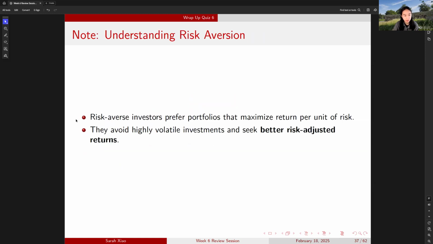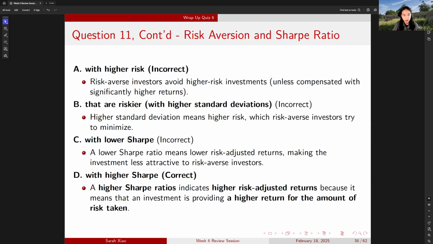So here is a note about risk aversion. Risk-averse investors prefer portfolios that maximize return per unit of risk, and they will avoid highly volatile investments and seek better risk-adjusted returns. Now we can consider each one of the options.